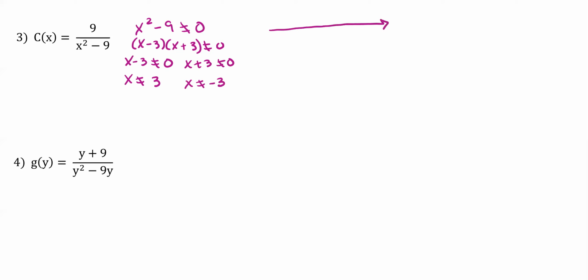So I'm going to write this again on a number line. I put the big circles on the numbers that it cannot be. So it can be everything except those two numbers.